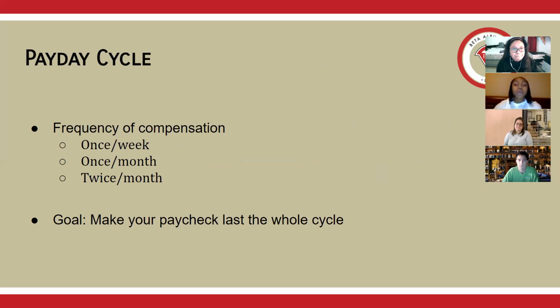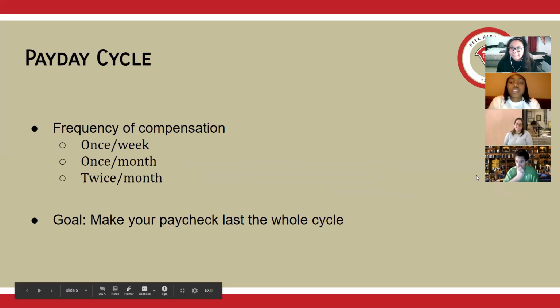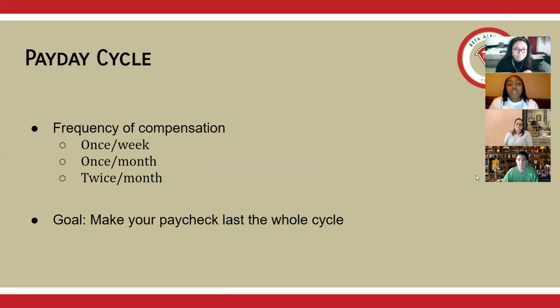Okay, so when it comes to the payday cycle, the ultimate goal is making sure that your paycheck lasts your entire cycle. Depending on what your cycle is, you need to budget accordingly. It could be once a week, twice a month, once a month, but the goal is to make it last.